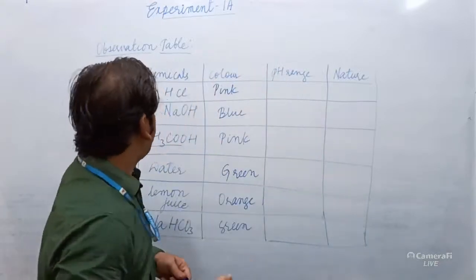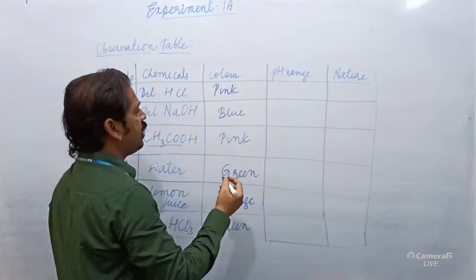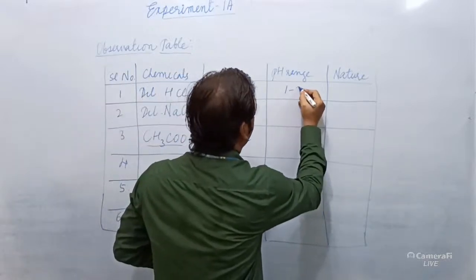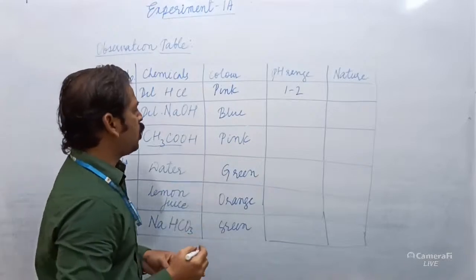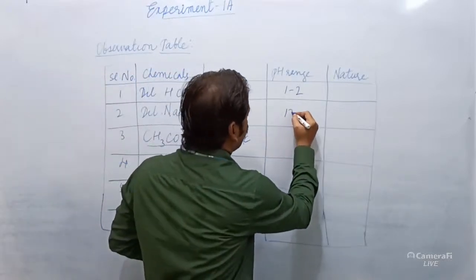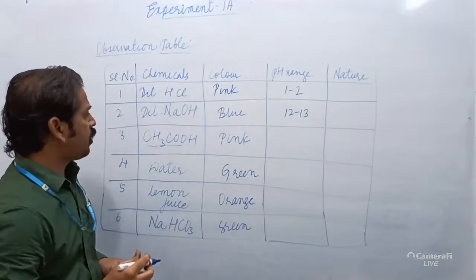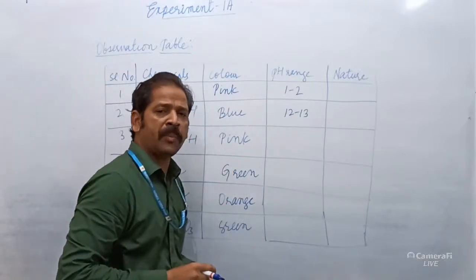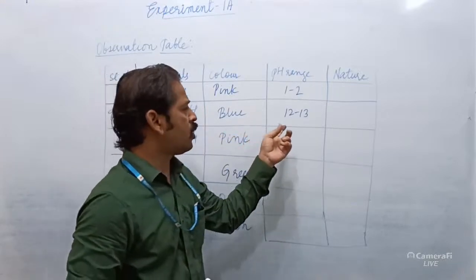Okay, then we'll go for the pH range. HCl is green color, actually it is 1 to 2. Dilute NaOH is in blue color, it is 12 to 13. Because dark blue is there, automatically it is 14, but dilute will usually be 12.